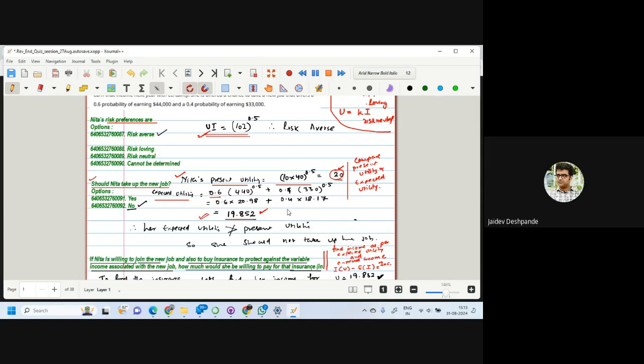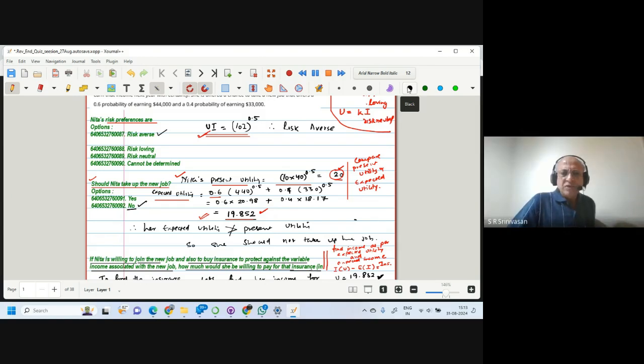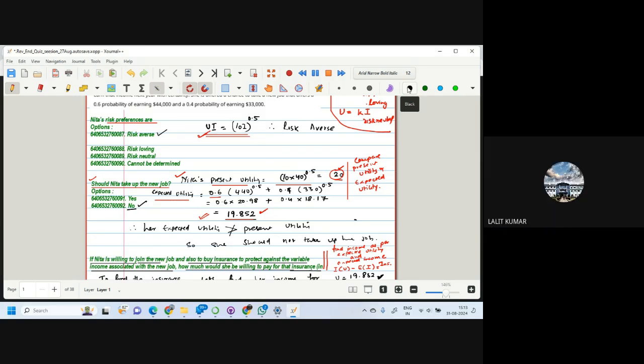Yes, expected utility. But there are also some situations where you have to consider the utility of the expected value. So what are those situations? That's why the third part, right? The insurance, I wasn't sure whether this method is the one or we should do the other one. Okay, we will complete the insurance part again, and then we'll come back to this question.